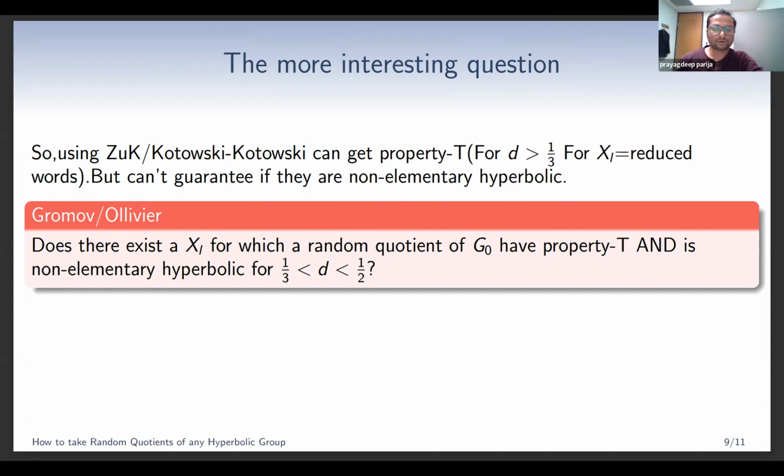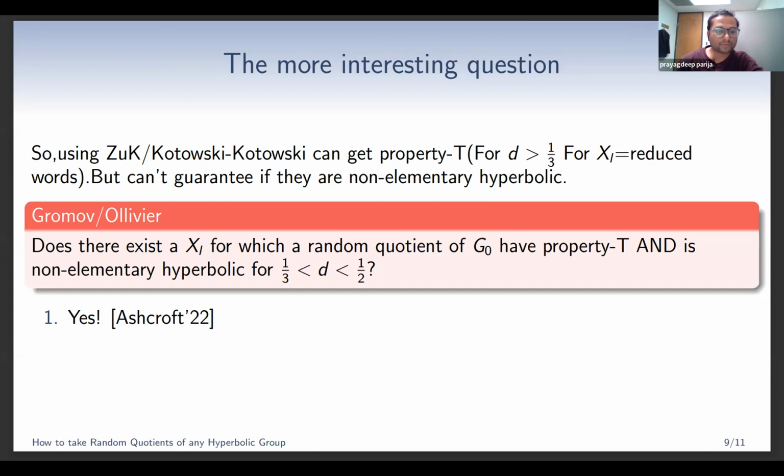This was answered for free groups by Zuk and Kotowski, and recent research has been going on. Recently, this was answered in a density model of random groups by Ashcroft. This paper came out a couple of months ago.